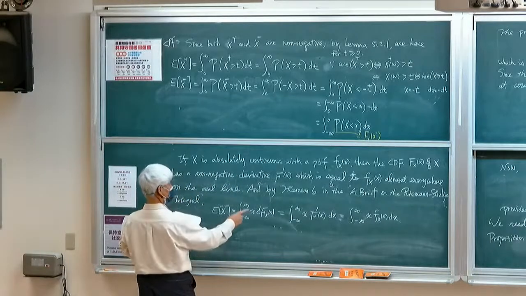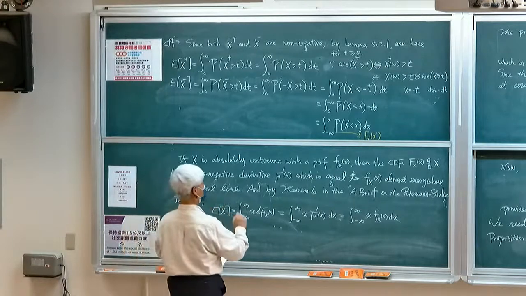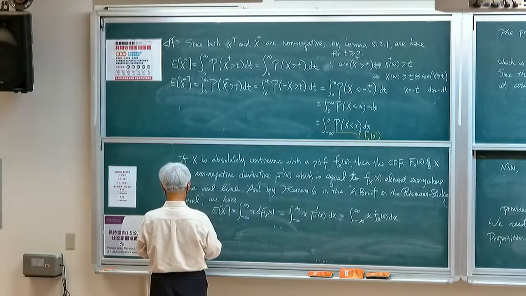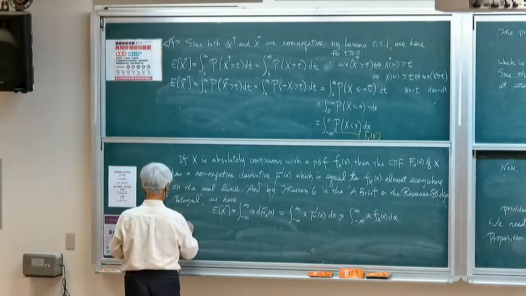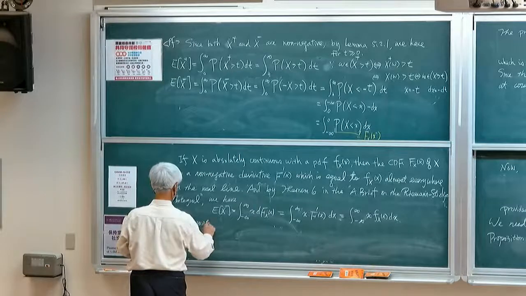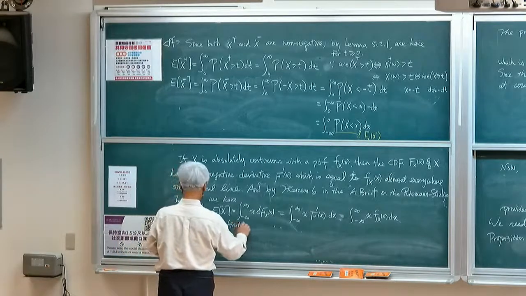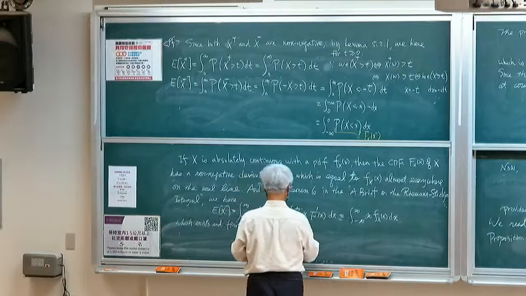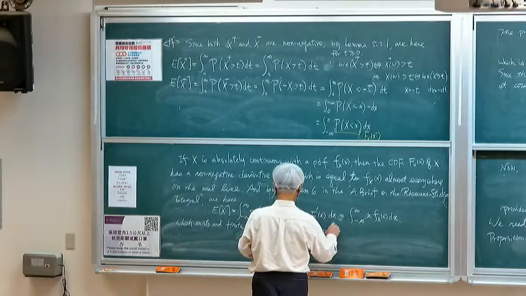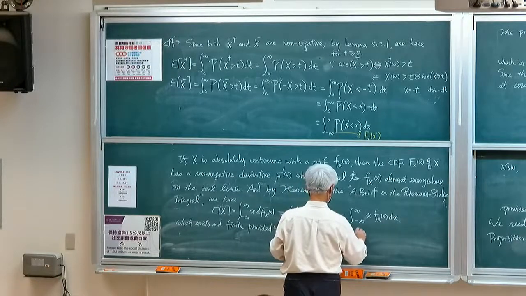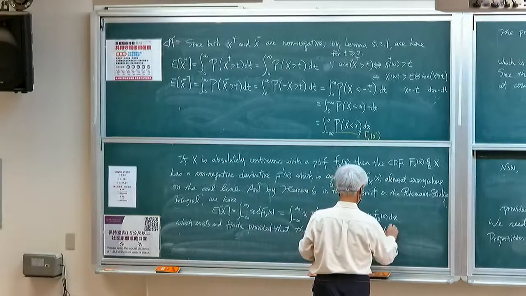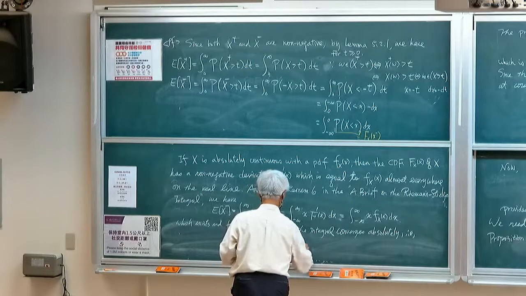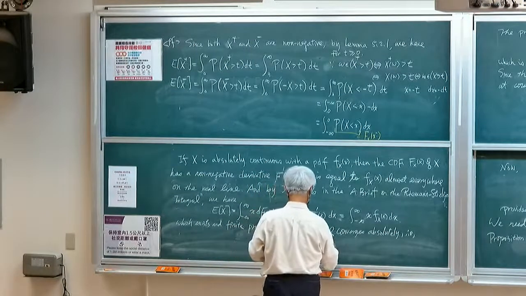So we have this one, which exists and is finite, provided that the integral converges absolutely, i.e., the integral of |x| f(x) is finite.